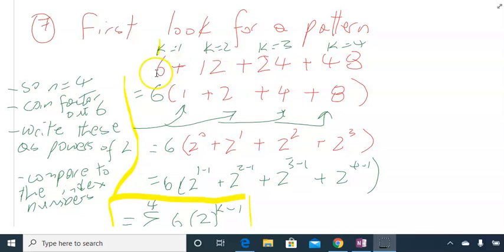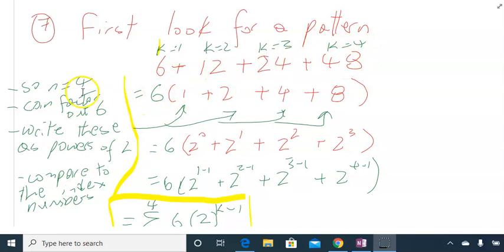6 is the same as 6 times 1. 12 is the same as 6 times 2. 24 is the same as 6 times 4. 48 is the same as 6 times 8. We know our index k begins at 1: k equals 1 maps with 6, k equals 2 with 12, k equals 3 with 24, and k equals 4 with 48.